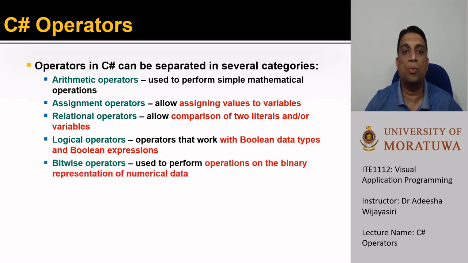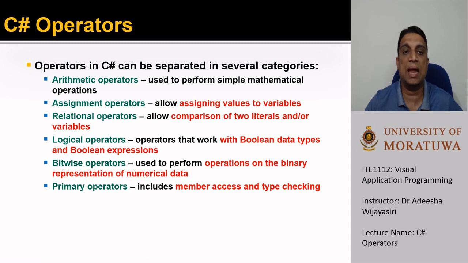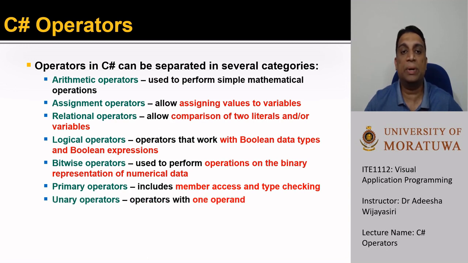Then we have bitwise operators, which are used to perform operations on the binary representation of numerical data. Then primary operators, which include member access and type checking. Then unary operators, which take only one operand as the input.